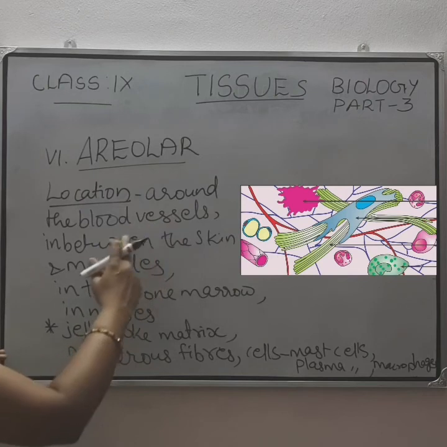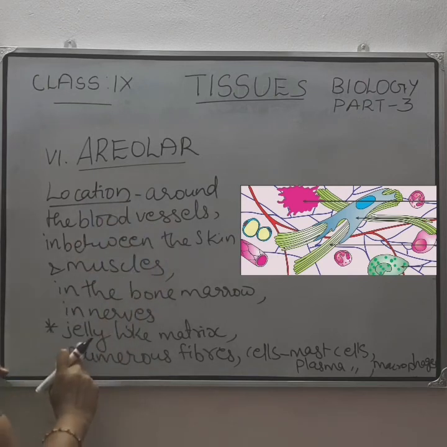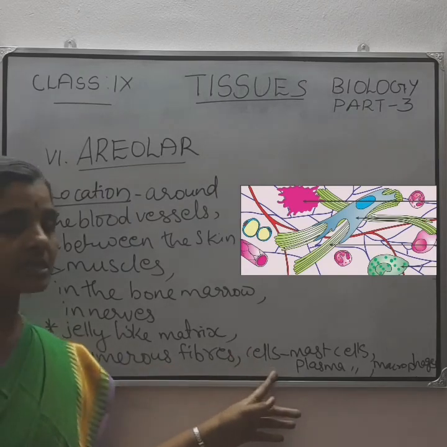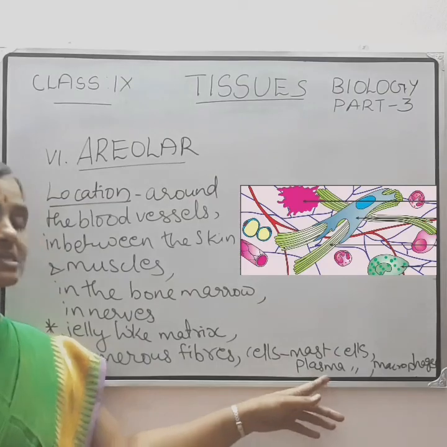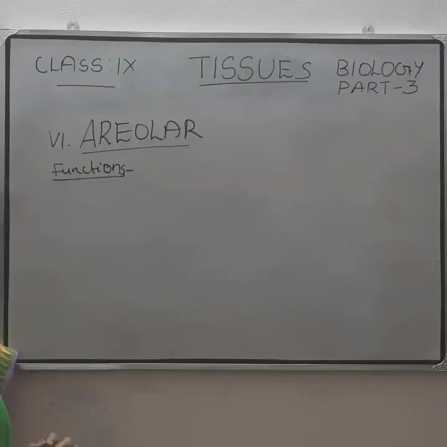So these are found in these areas, and it consists of jelly-like matrix and numerous fibers, and different types of cells such as mast cells, plasma cells, macrophages, etc.